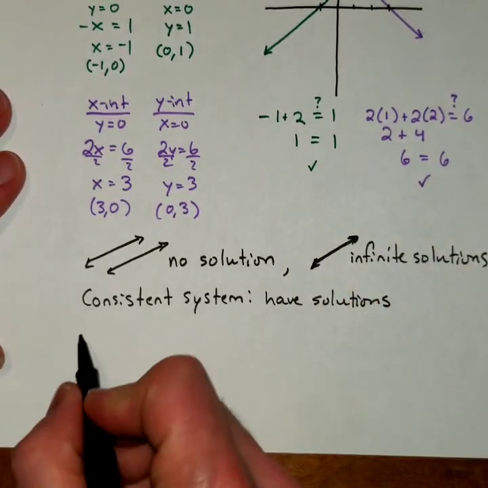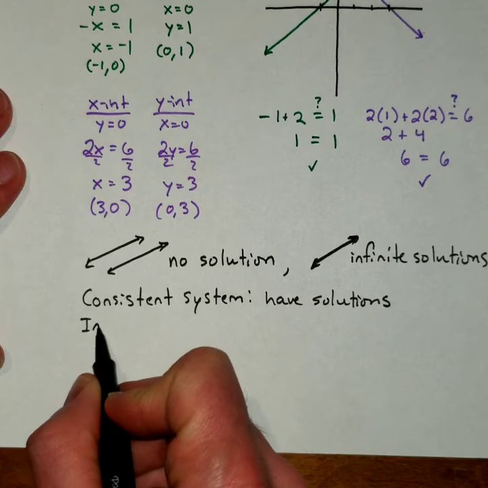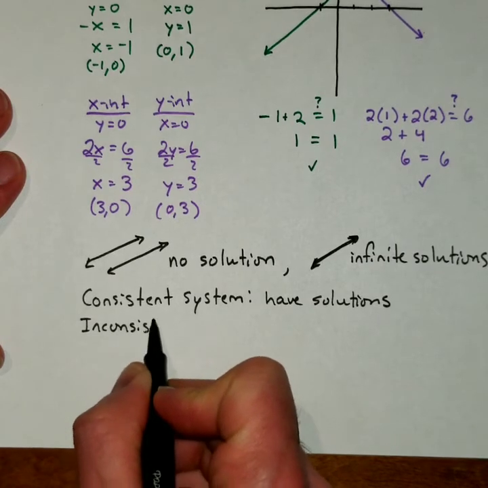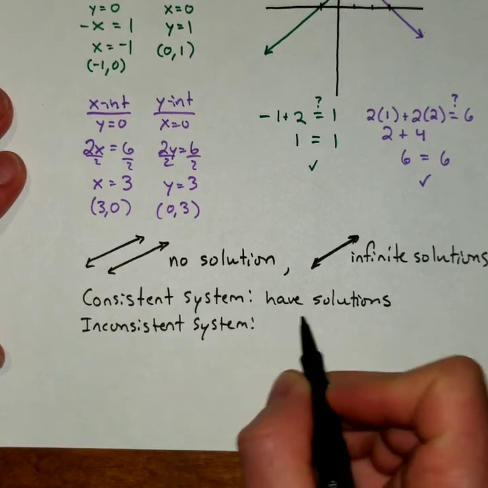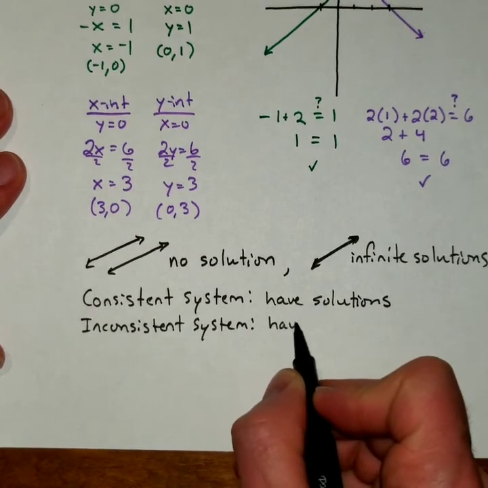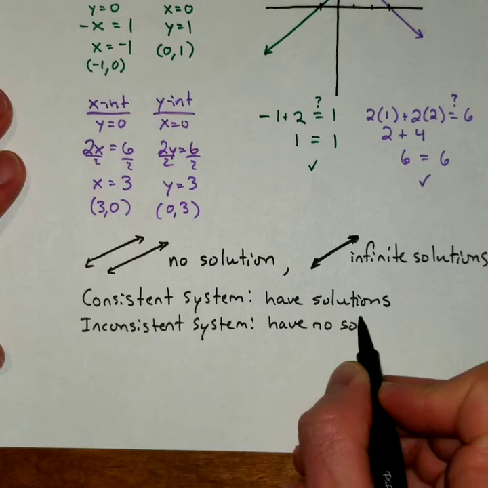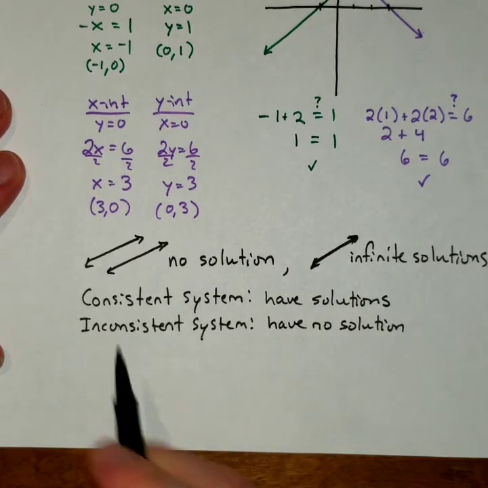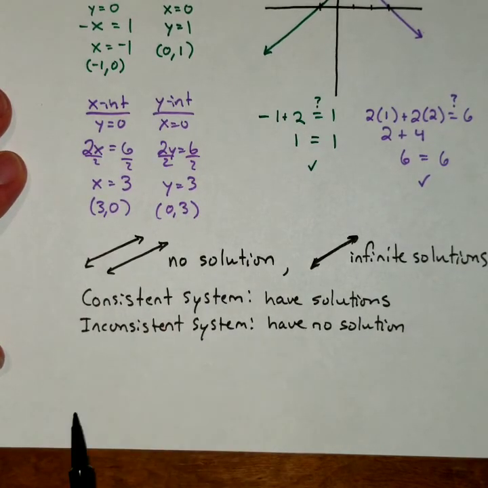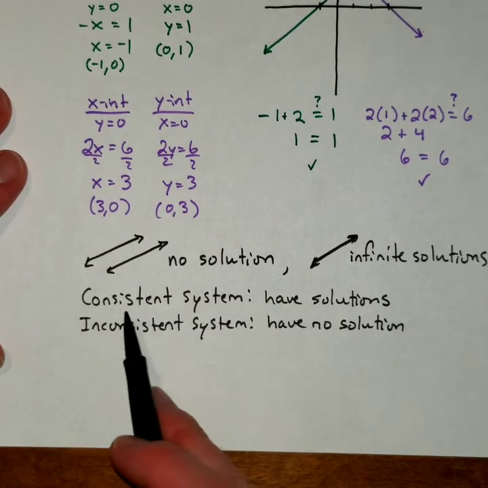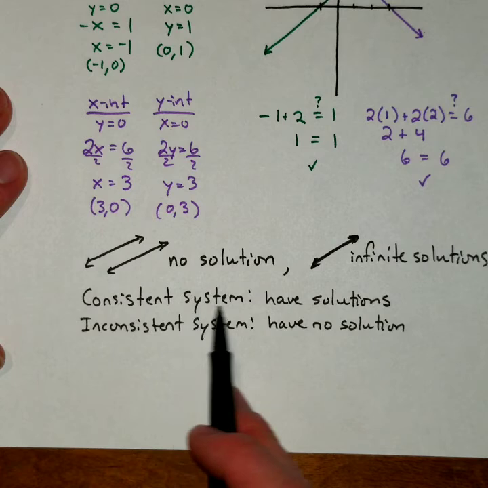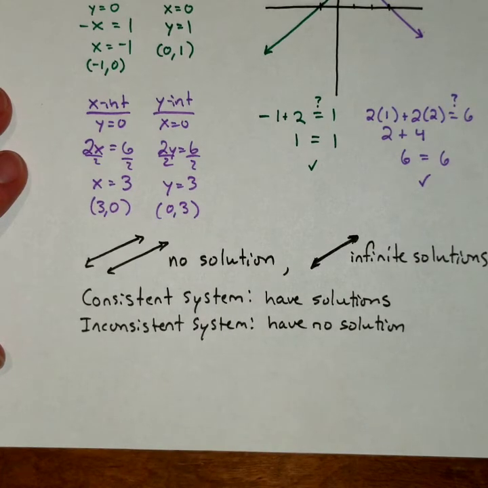Then you have the inconsistent systems, and those are the ones that have no solution. That would be the parallel line case. Now, inside of the consistent systems, we actually have two subcategories.